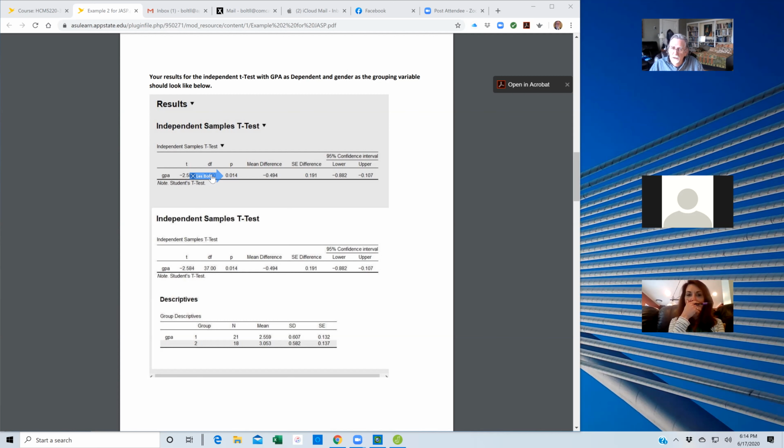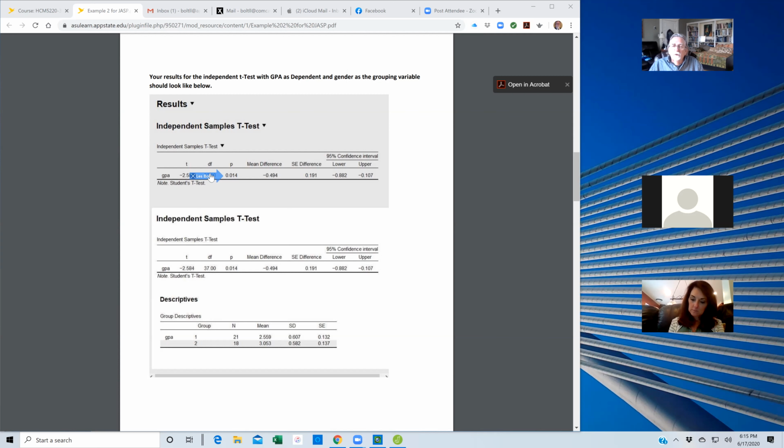And so this is a significant outcome. These two samples, these two groups, were split by gender: one was male, two was female. I don't think I gave you that code book information.